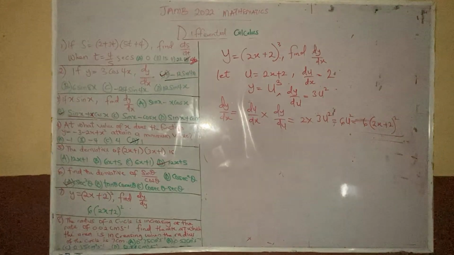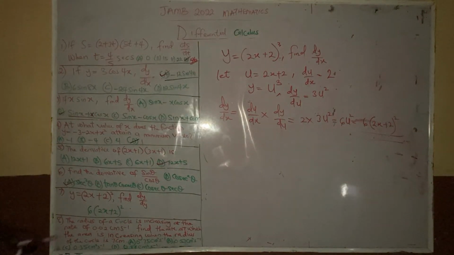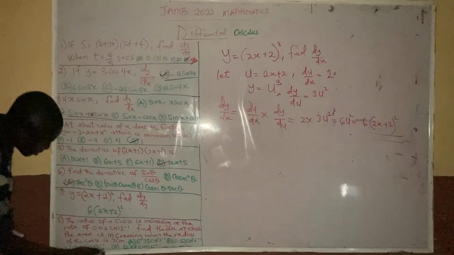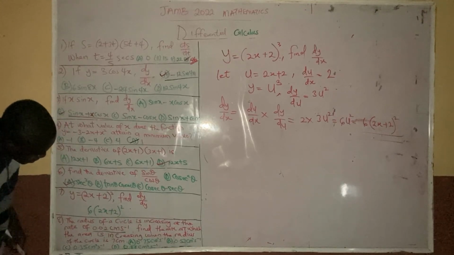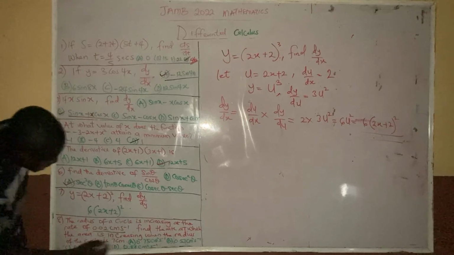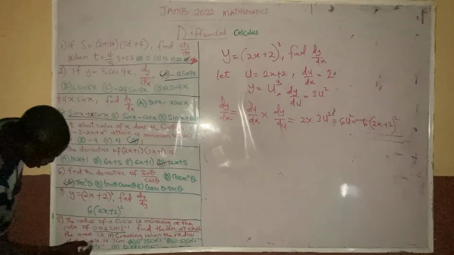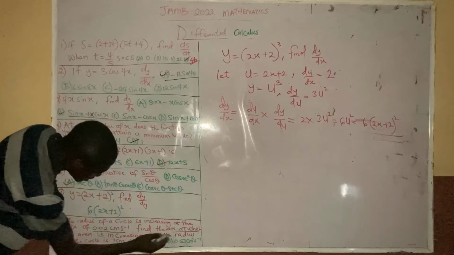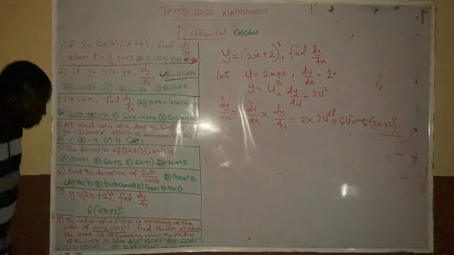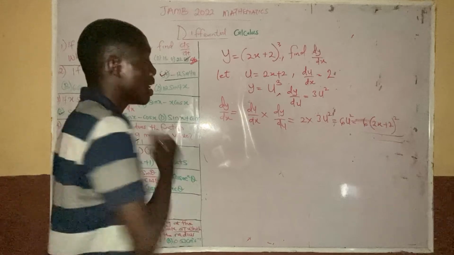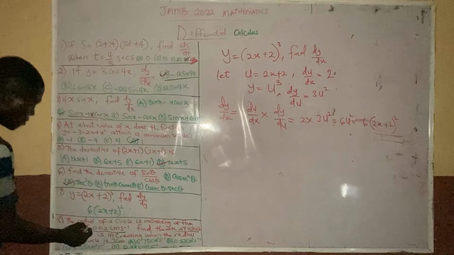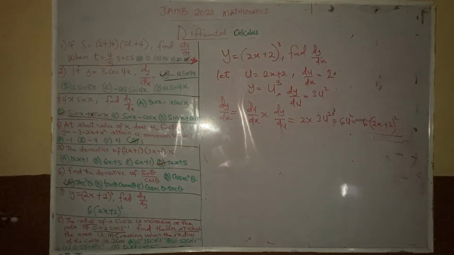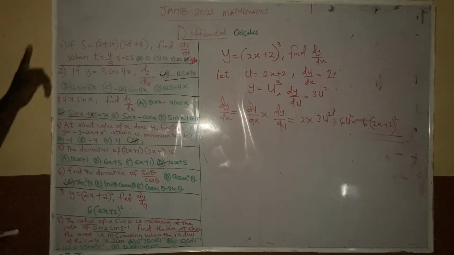So the last question here: the radius of the circle is increasing at the rate of 0.02 centimeters per second. Find the rate at which the area is increasing when the radius is 7 centimeters. Now you know about this one. He said the radius of the circle is increasing at a rate.